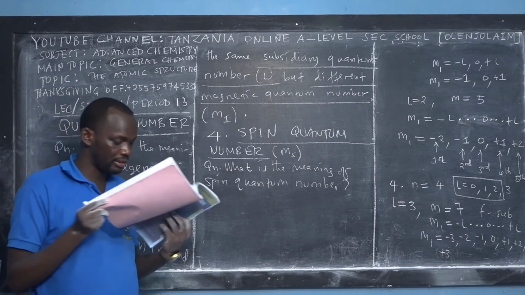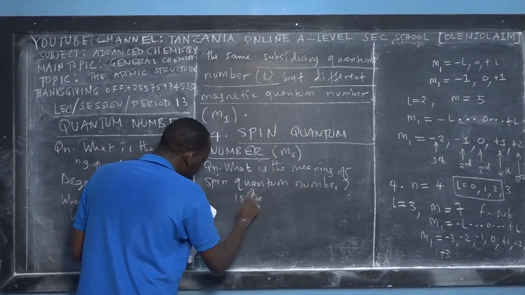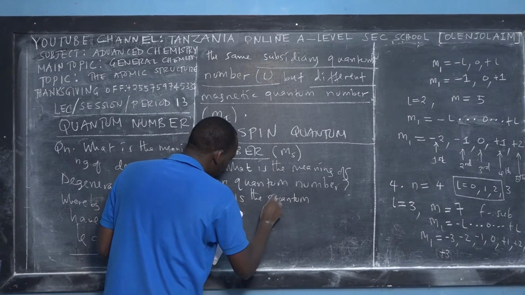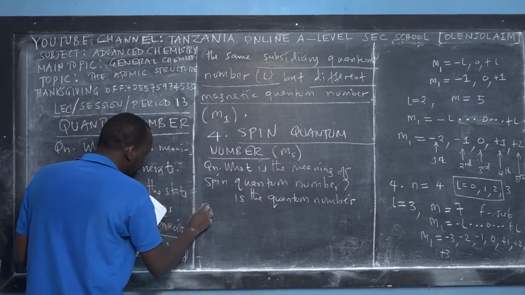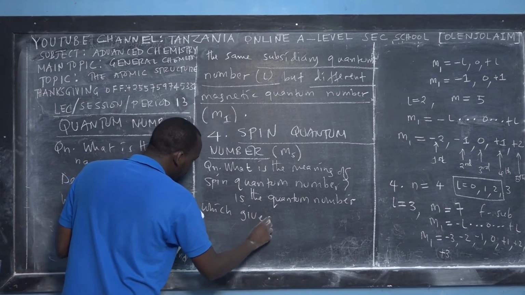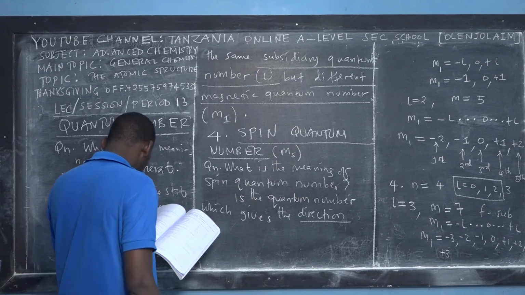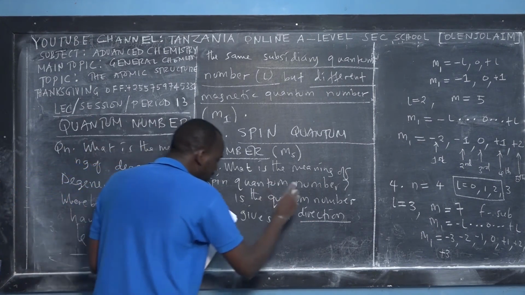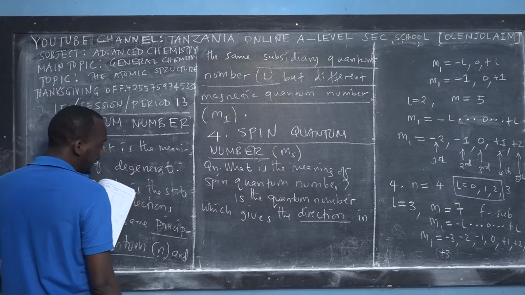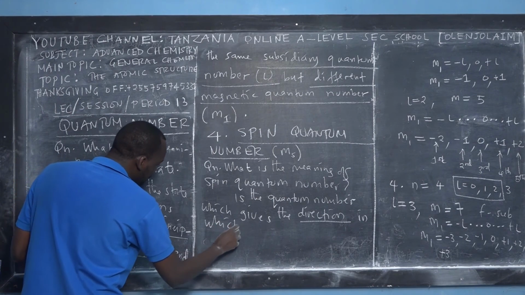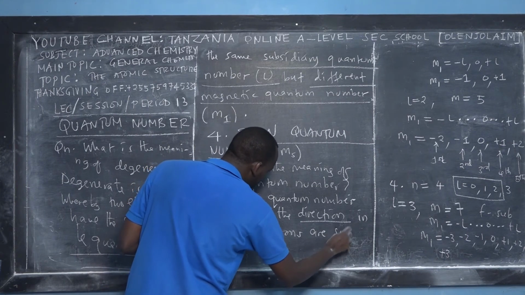There are many definitions, but I found one which is very important. We say the spin quantum number is the quantum number which gives the direction in which electrons are spinning.